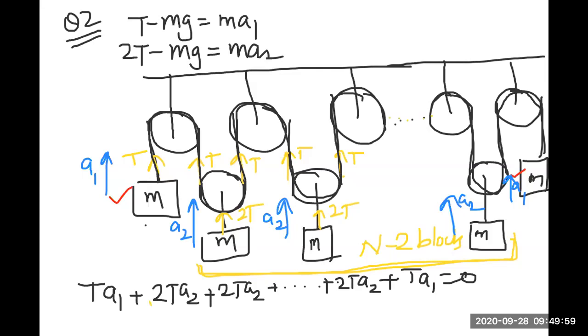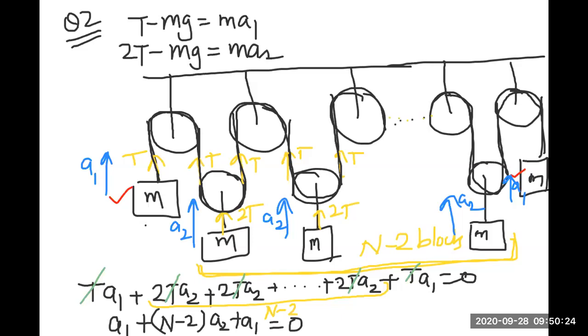Now the terms here are n minus 2 terms. So even if we cancel the tension T from here, the equation I get will be a1 plus n minus 2 a2 plus a1 is equal to 0, right? So we will get here 2a1 plus n minus 2 a2 is equal to 0, right?